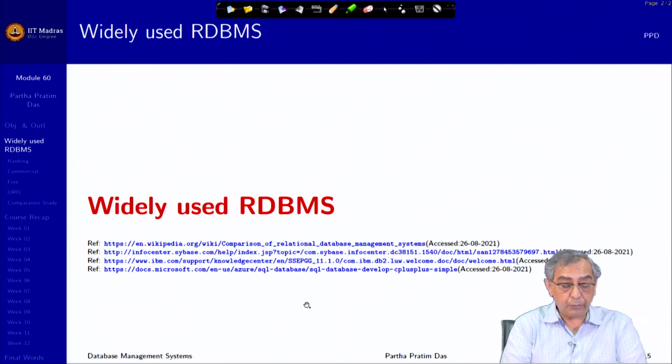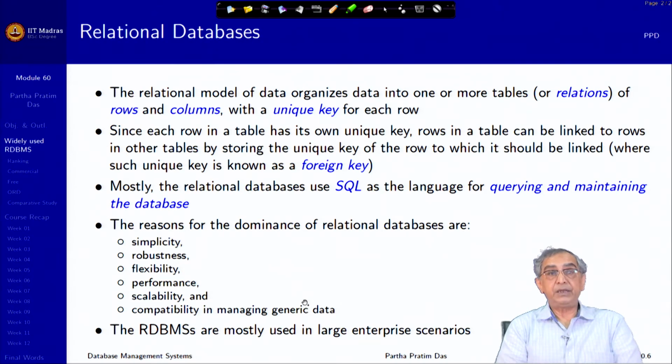So, first we will talk about the widely used relational database management systems. The relational data model organizes data into one or more tables or relations, as we have seen, which have rows and columns and a unique key for each row. Since each row has its own unique key, the rows of a table can be linked to rows of other tables using the unique key, and we may have linking through the foreign key. We have learnt about SQL, the language for querying and maintaining databases, which is used by almost all of these relational databases.